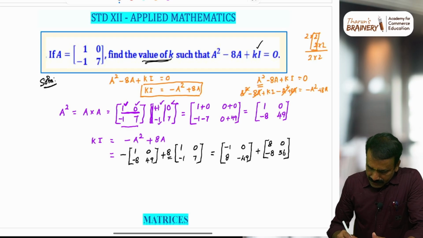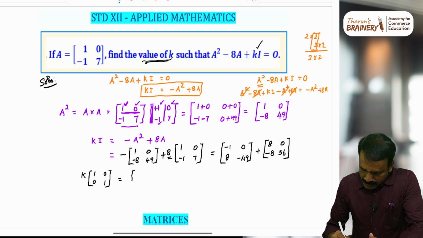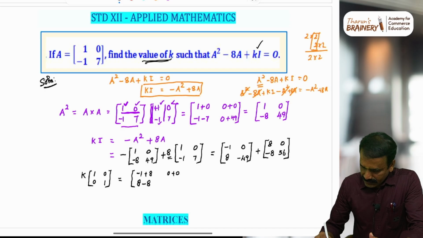Left hand side it is going to be k into 1, 0, 0, 1, equal to, we are adding these two matrices: minus 1 plus 8, then 0 is added with 0, 8 is added with minus 8, 49 minus 49 is added with 56.